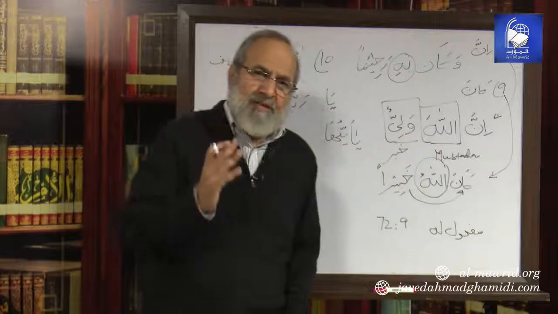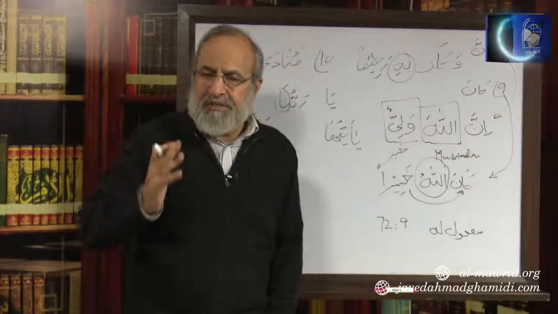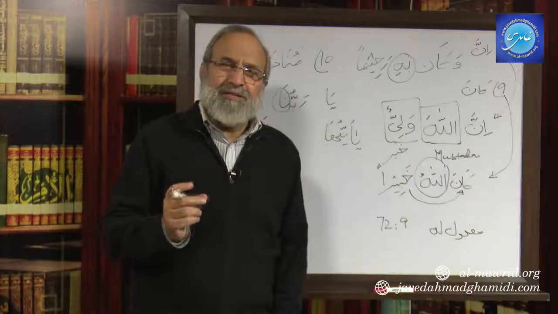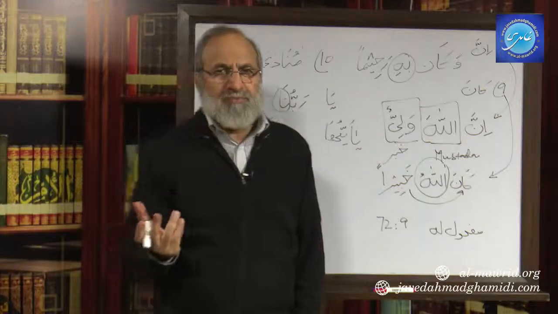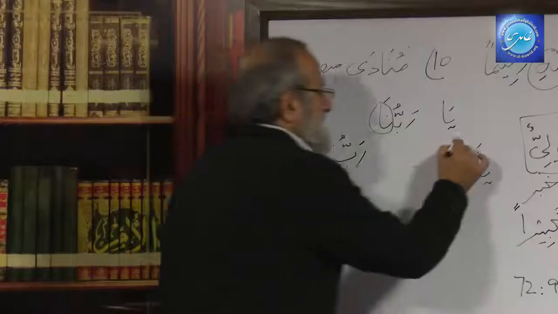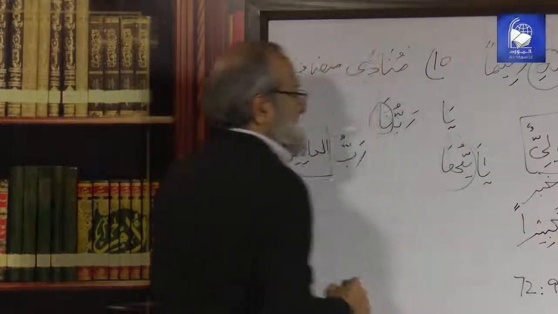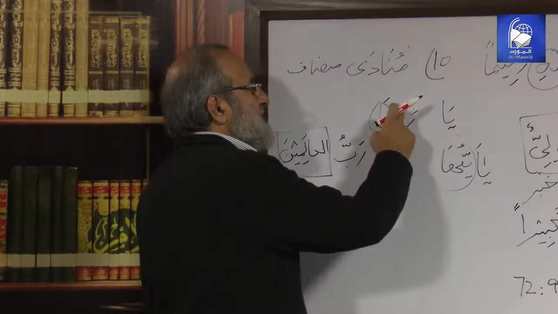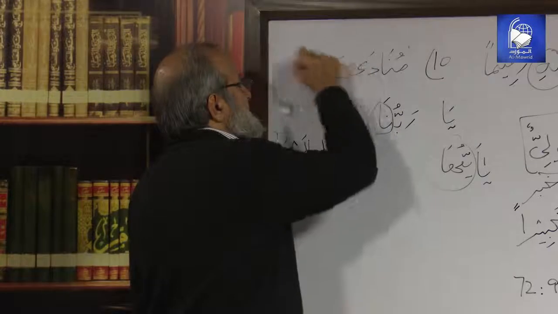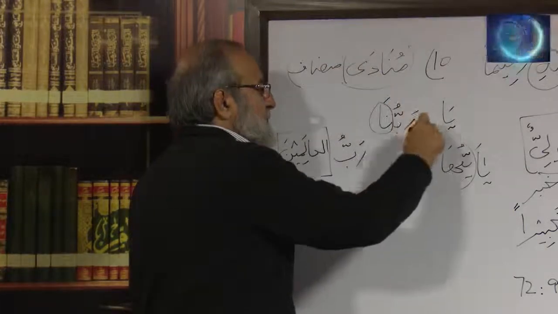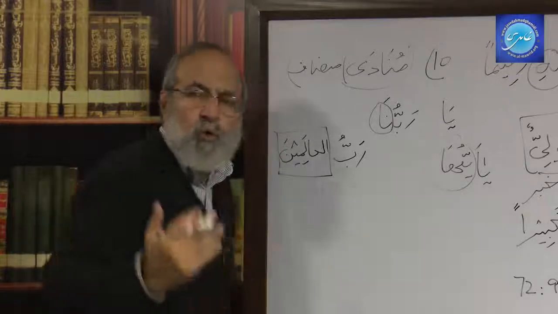But if you have a noun which begins with an alif lam, like allazina amanu, then instead of ya, it becomes ya ayyuha. There's nothing additional that ayyuha adds to the meanings.